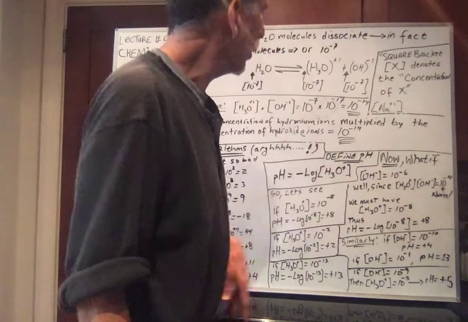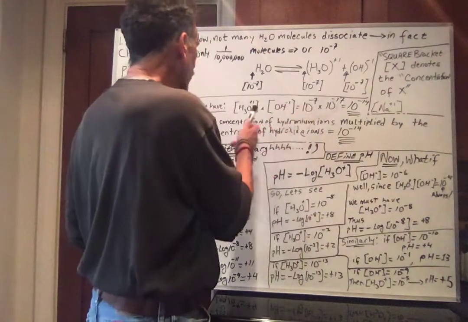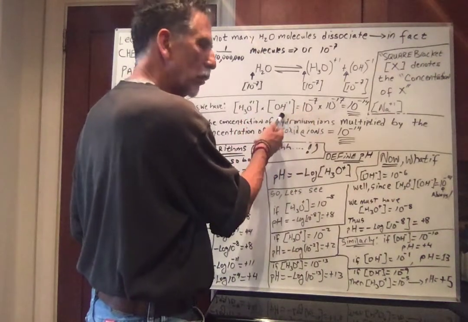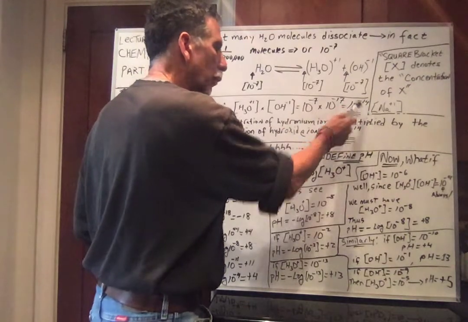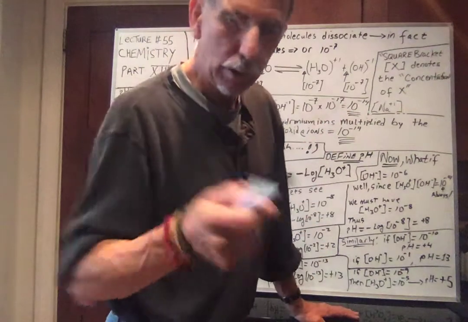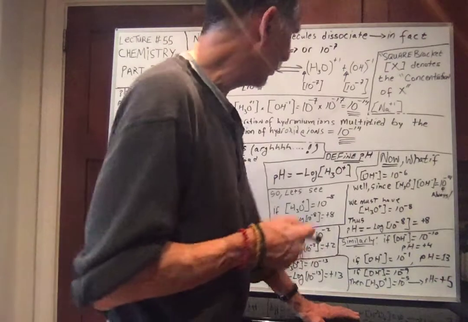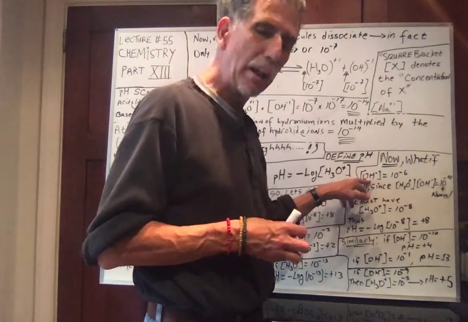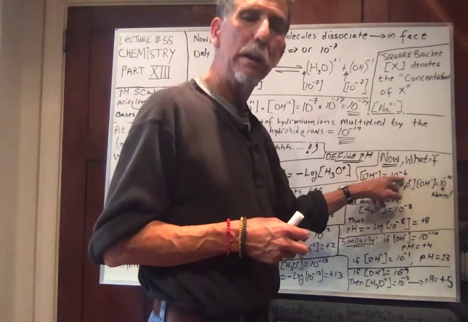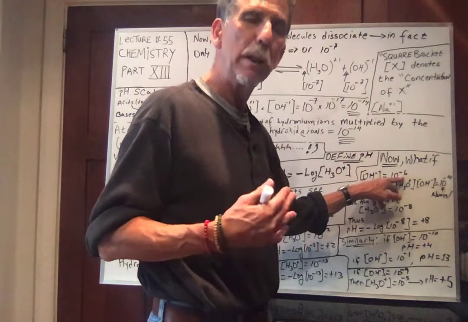Now remember, here's our rule. The concentration of hydronium times the concentration of hydroxide ions must be 10 to the minus 14. So pay attention, this is a little tricky for some of you. If the concentration of hydroxide ions is 10 to the minus 6, what is the pH?